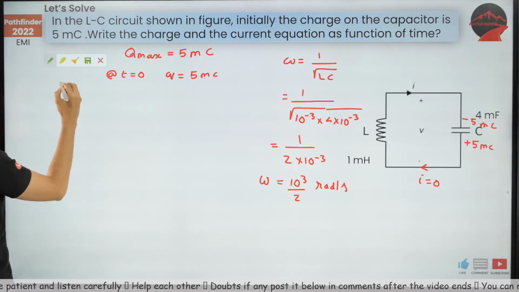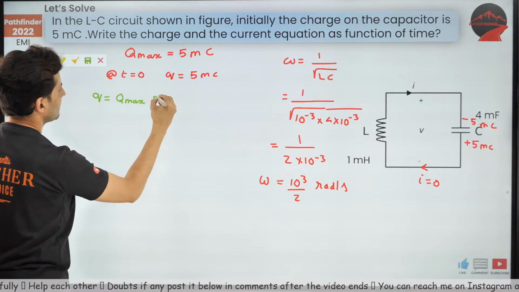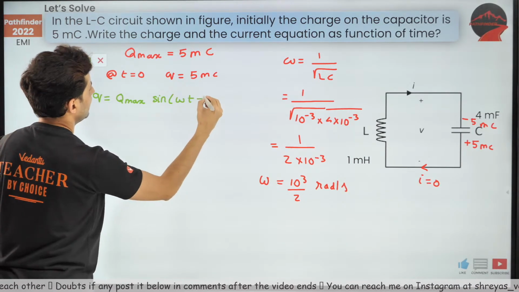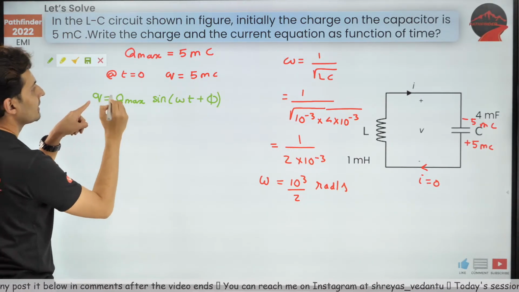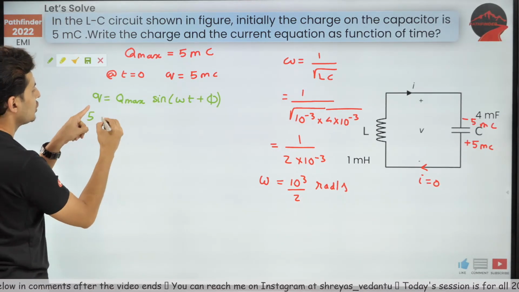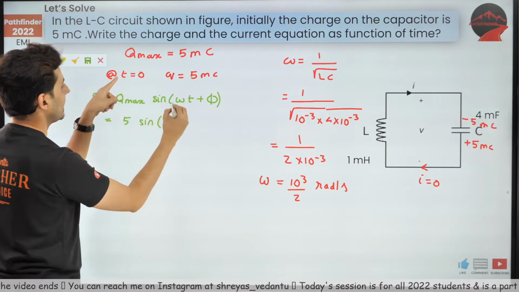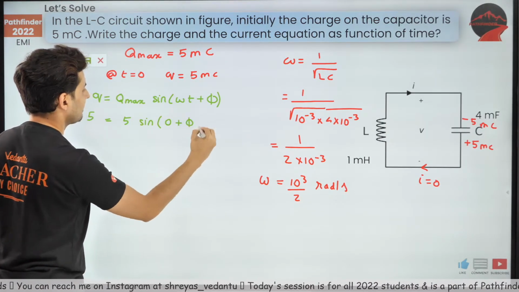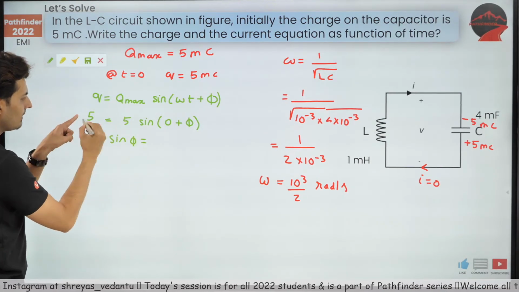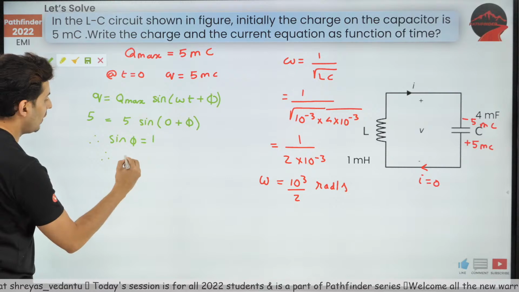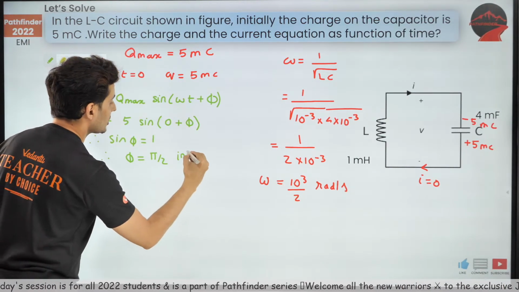So using this equation, Q is equal to Q max sine of omega t plus phi. What will I get? Observe. Q is 5, Q max is also 5 sine omega t, with time 0, plus phi. Therefore, sine of phi will be 5 by 5, which is 1. Therefore, phi is 90 degrees. This is the initial phase angle.